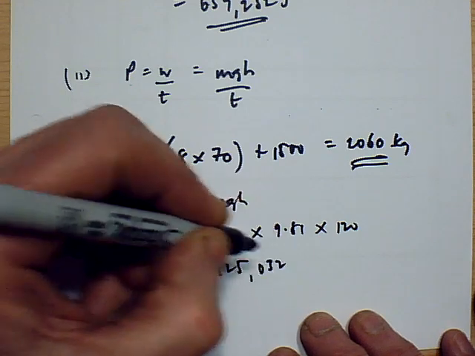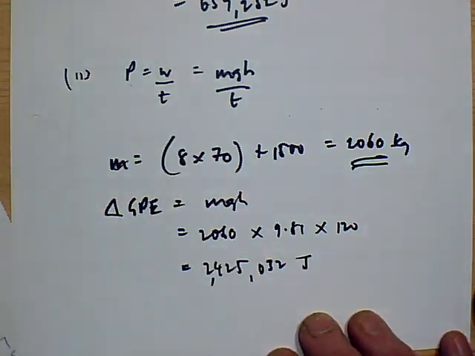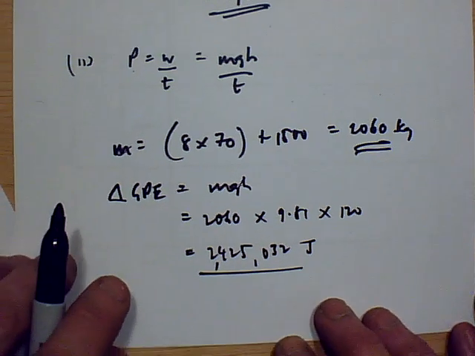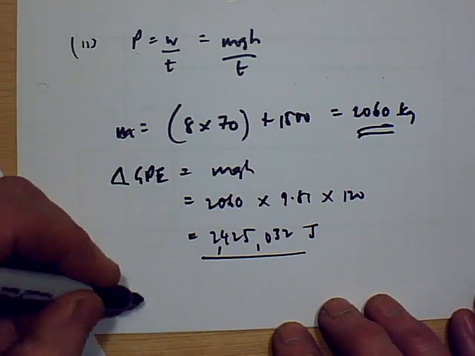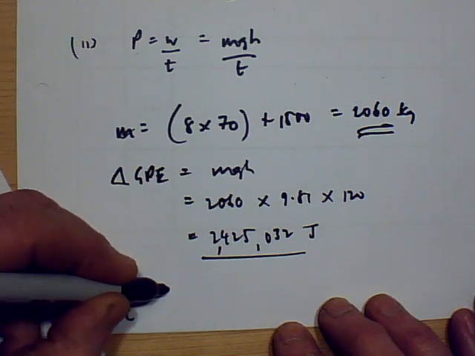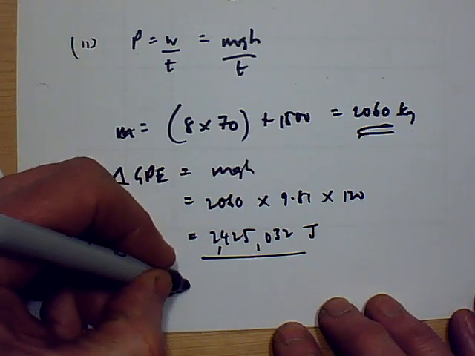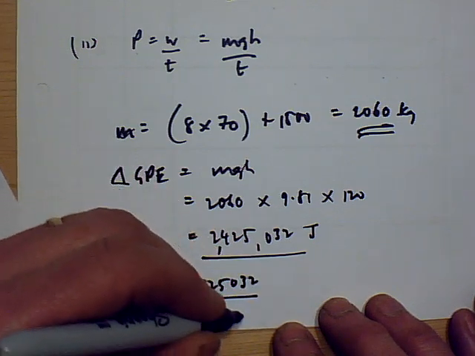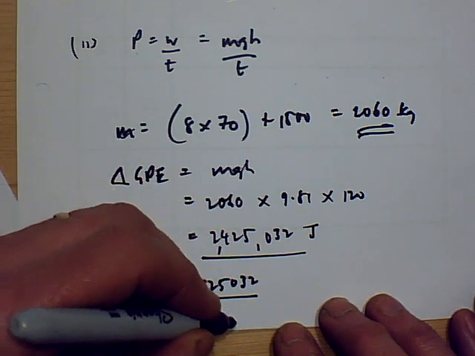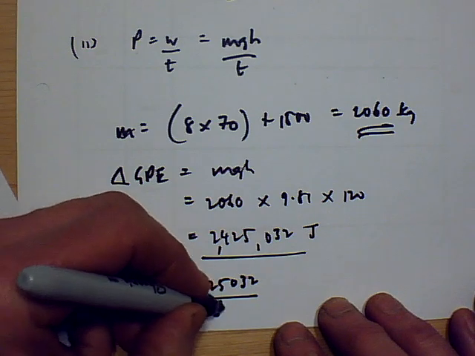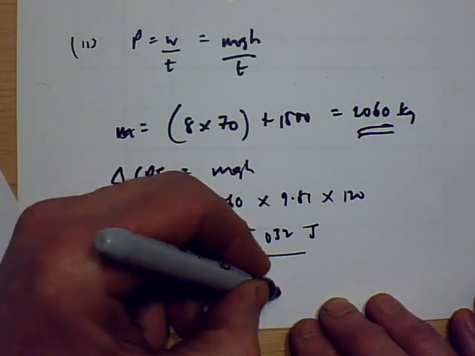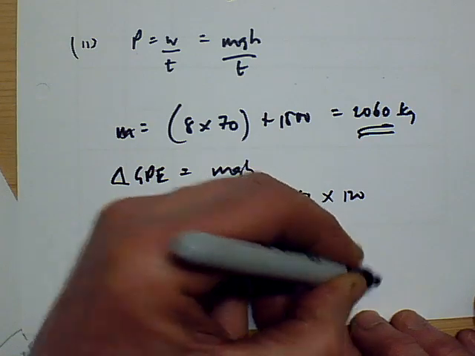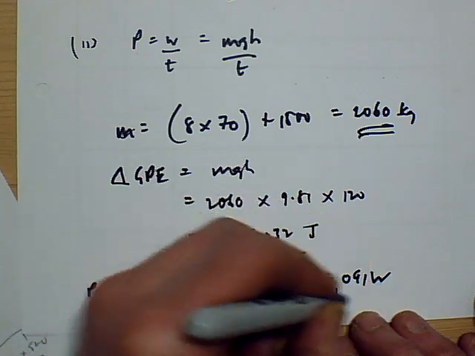If you work that out you get 2,425,032 joules. The power, final bit here, power is work done over time taken, which is 2,425,032 divided by 55 seconds, which equals 44,091, and because it's power, it's measured in watts.